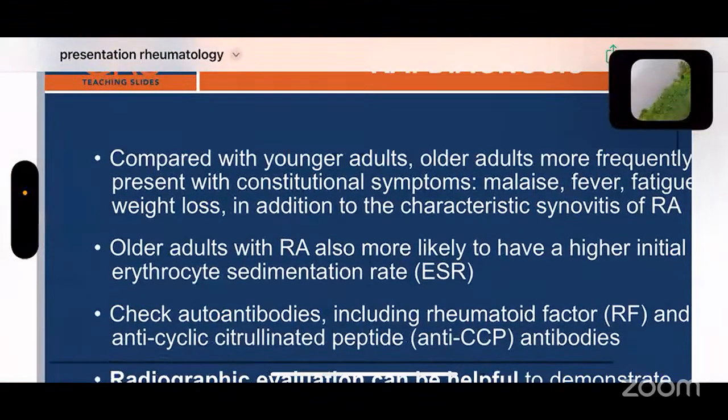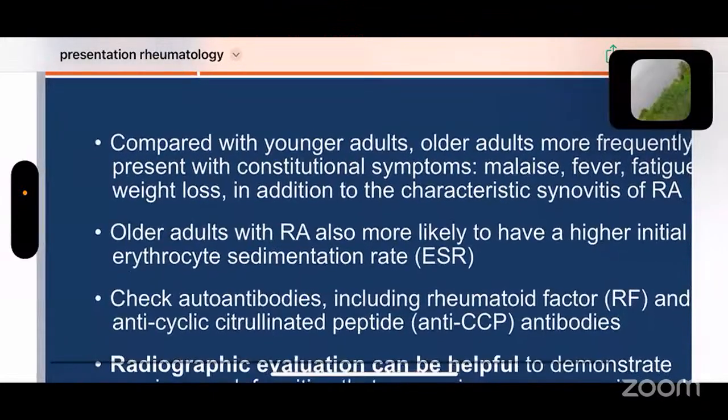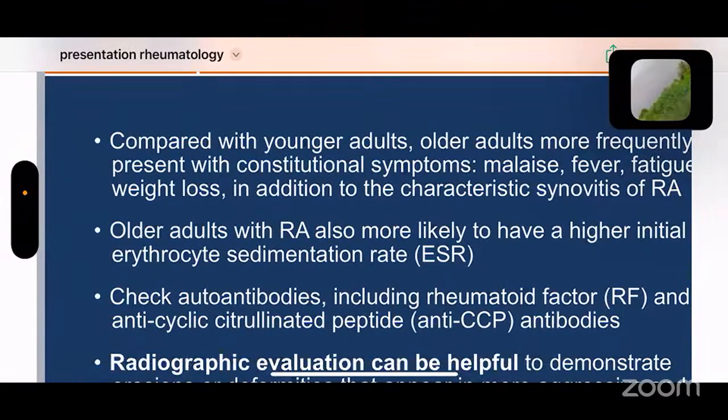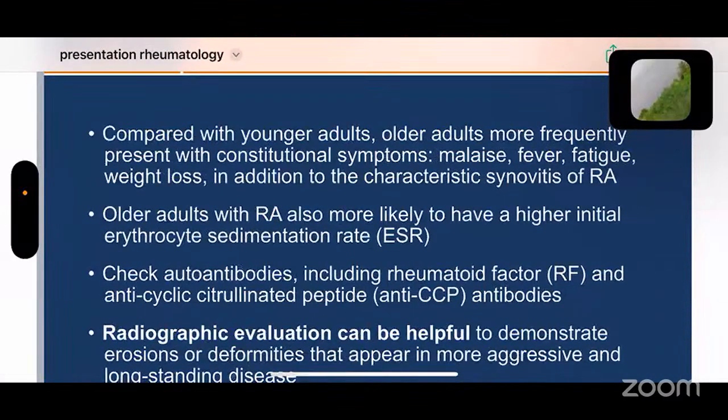So older adults with rheumatoid arthritis are also more likely to have a higher ESR, which is not specific. Check autoantibodies, including rheumatoid factor. As we know, rheumatoid factor is a circulating antibody, usually IgM, that reacts with the Fc portion of the patient's own IgG, and it is recommended for any patient who has symptoms and signs of rheumatoid arthritis.